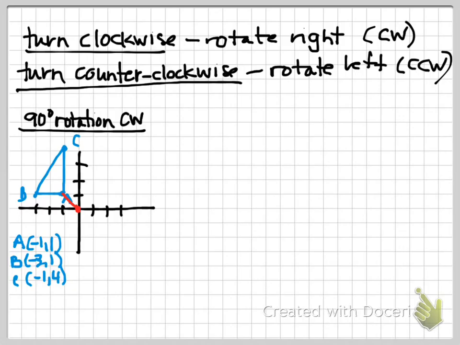We're going to create a 90-degree angle. And that tells me where to take my A prime to. So here's A prime. And A prime is located at 1, 1.